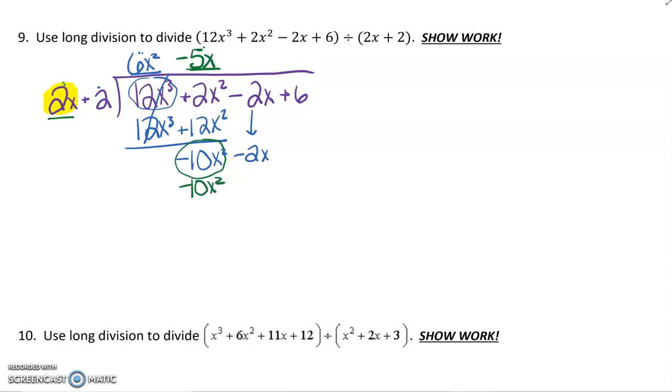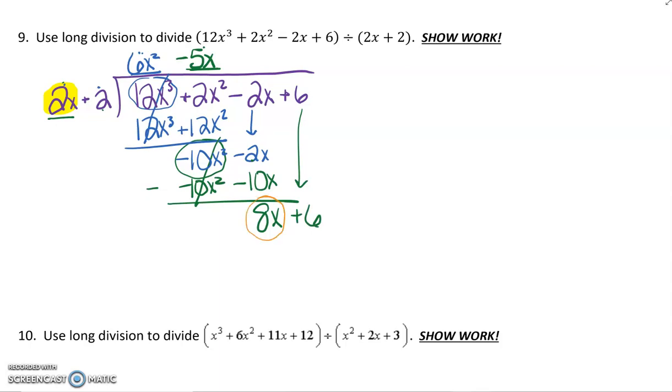Negative 5x times 2 is negative 10x. Subtract. This right here is where the error usually happens. Negative 2 minus negative 10 is positive 8x. On this problem, the place where I normally find the error is right here.